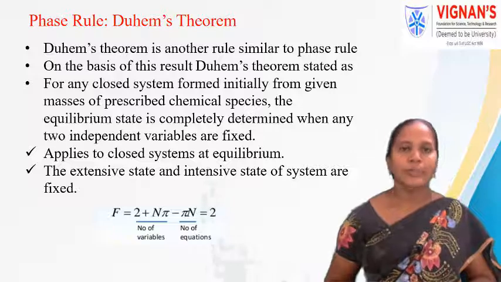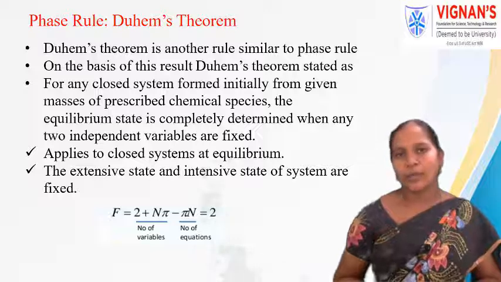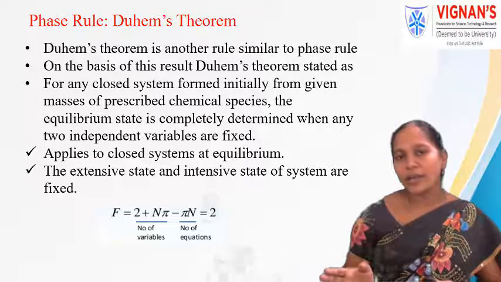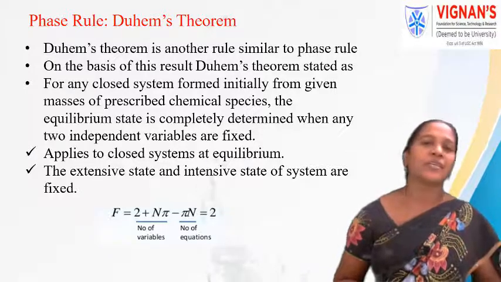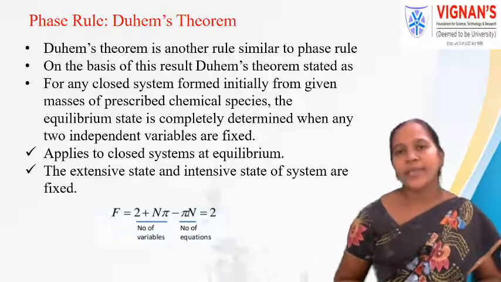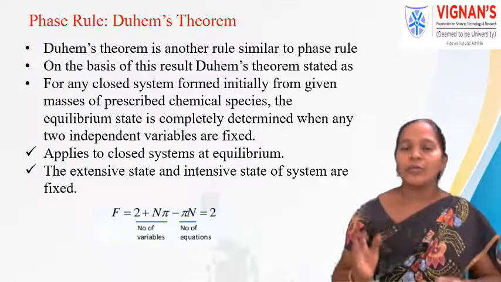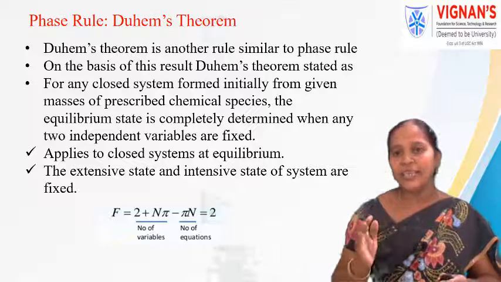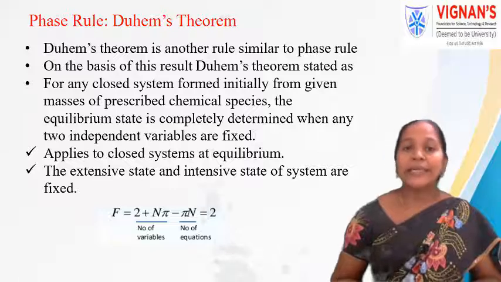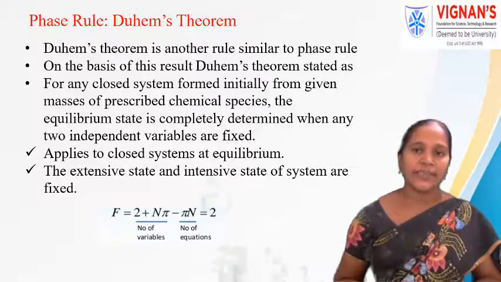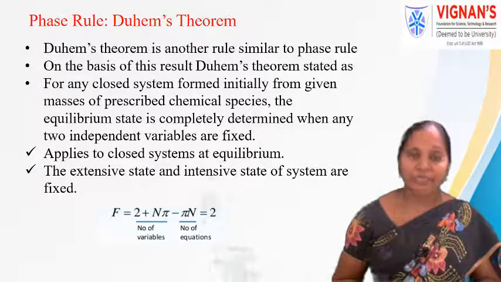Now coming to Duhem's theorem. Duhem's theorem is another rule similar to the phase rule. On the basis of the above result, that is degrees of freedom equal to 2, the statement of Duhem's theorem is: for any closed system formed initially from given masses of prescribed chemical species, the equilibrium state is completely determined when any two independent variables are fixed.